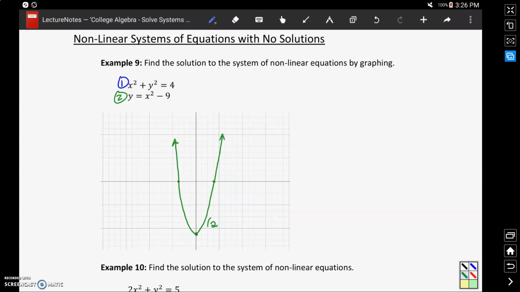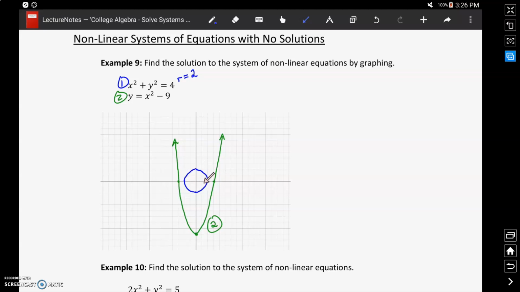So equation 2 is a parabola, or a graph that looks like x squared, shifted down 9 units. Equation 1 is the equation of a circle with a radius of 2. So we'll draw a circle with a radius of 2, and what we can see is that these two graphs never intersect with one another.